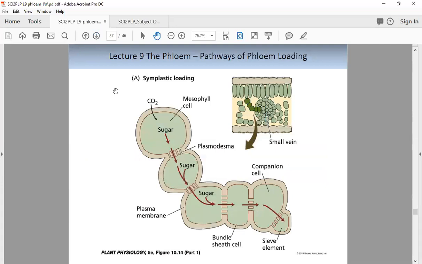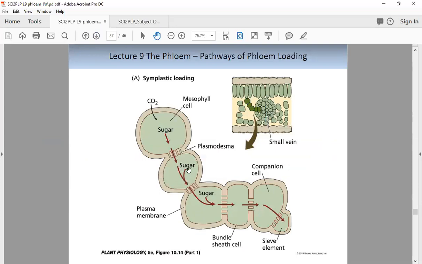All right, so here we have just the symplastic pathway, symplastic loading of sugars into the phloem. So here we have our mesophyll cell, photosynthetic cell, sugars are synthesized, and they will move short distance via the short distance pathway through the plasmodesmata. So this is the symplastic pathway.